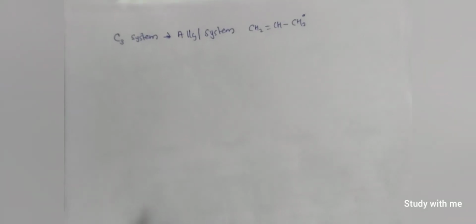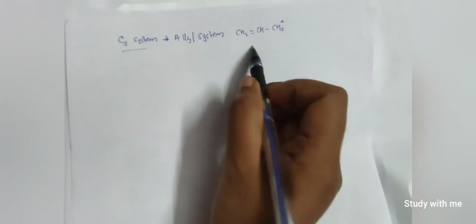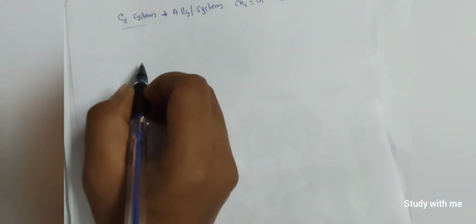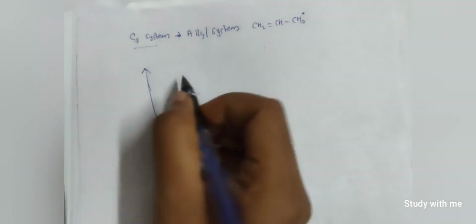Now we will consider the C3 system. The C3 system is an allyl system, that is CH2=CH-CH2. And now we draw the molecular orbitals of the allyl system. First draw one line, that is the energy line, and then draw 3 lines like this.